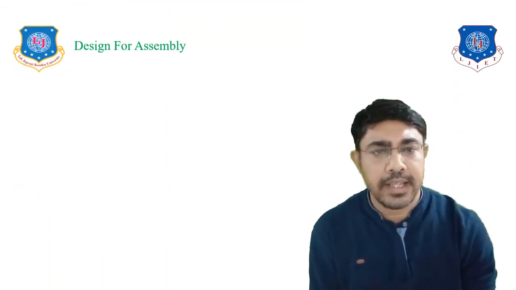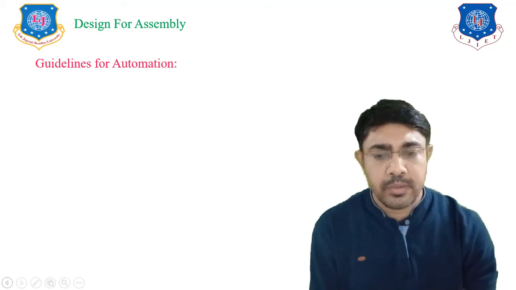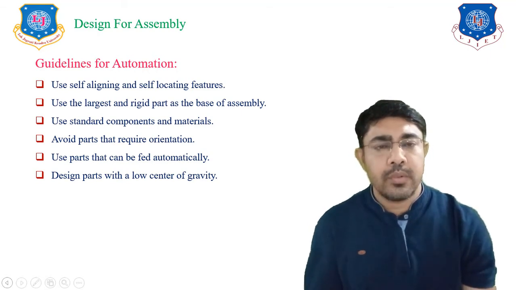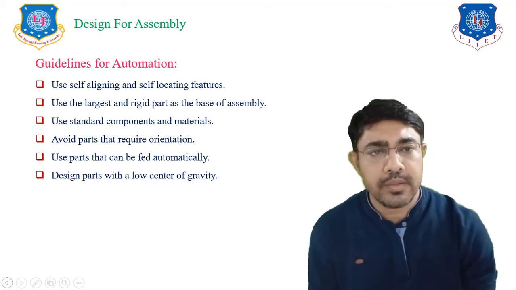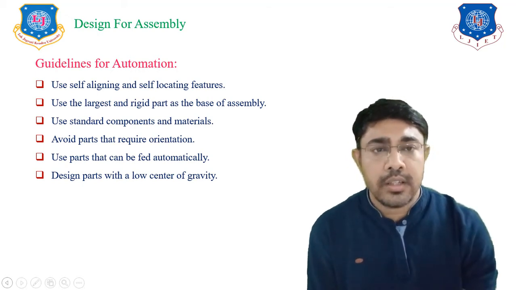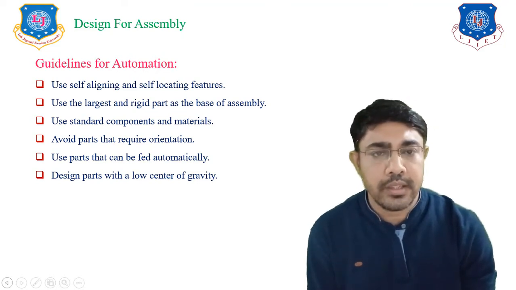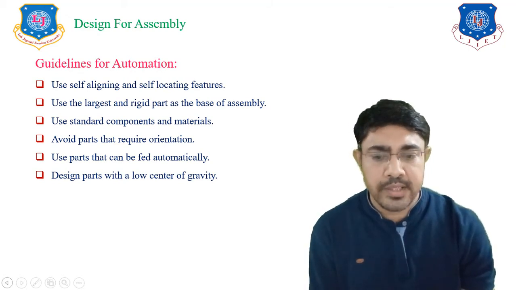Now next is the guidelines for the automation assemblies. As we know, in automation all assembly is done automatically, and according to this automation we have to design the parts for our products. So the first guideline for automation based on the DFA is use self-alignment and self-locating features.